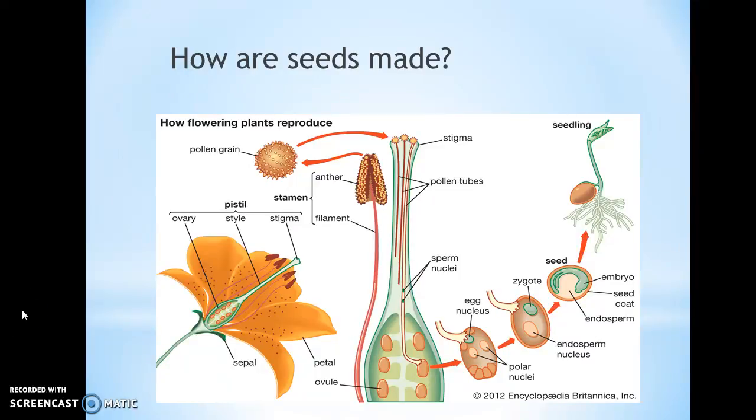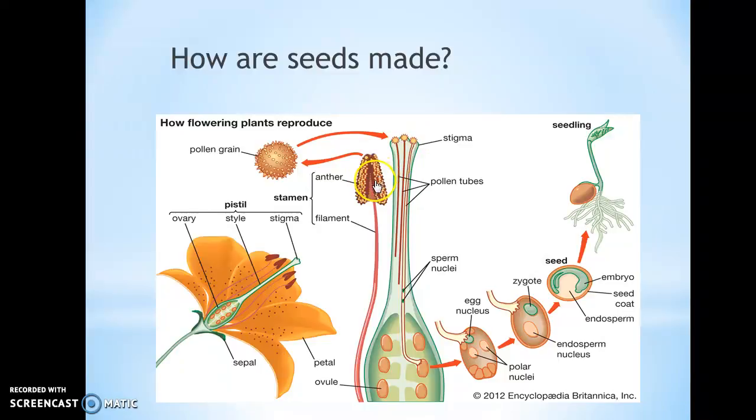Okay, so this diagram shows how seeds are made. So I'm going to break it down for you. So it all starts in the anther. Remember, the anther is making the pollen. And the pollen needs to get to the stigma, or the female part. It can do that in a couple of different ways. Remember that birds, bees, wind, one of those things is going to help the pollen move from the anther to the stigma.